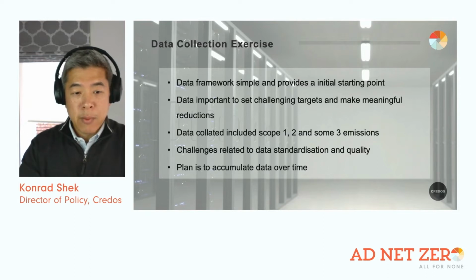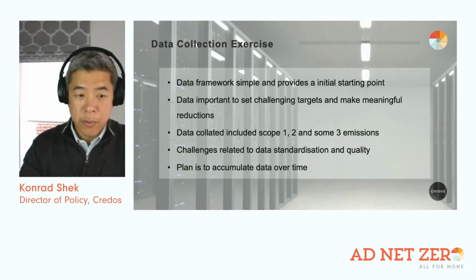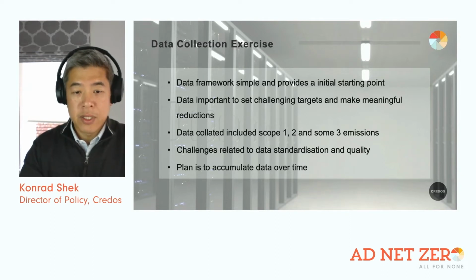As many in sustainable business know, one of the key challenges of addressing climate change is getting accurate data. We found that AdNet Zero supporters had mixed competency in this area. Some were further ahead in this journey, and for some, this was the first time collecting the information in this way. Hence, it was important that the data collection framework was made simple and was able to provide an initial starting point for every supporter.